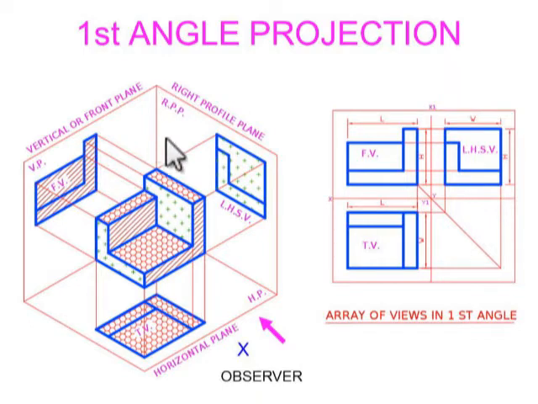And here also, if you are seeing from the top, this pattern is seen, this is seen, and here it is also seen. So all these three views are collectively drawn so that you get the top view. If you are seeing from the left side, again this pattern is obtained as the left side view. So here you are getting the front view above, top view below, and the left side view to the right side of the object.